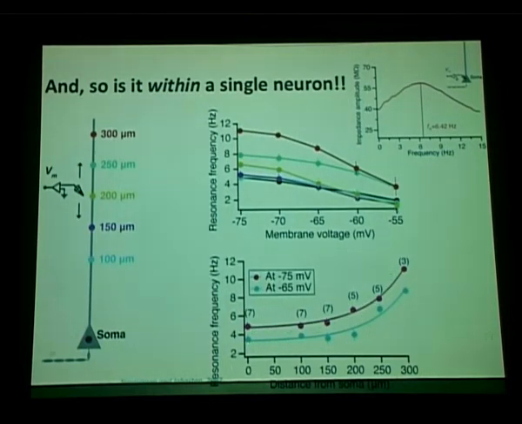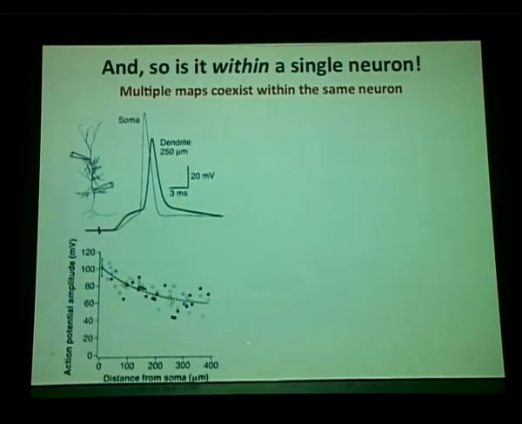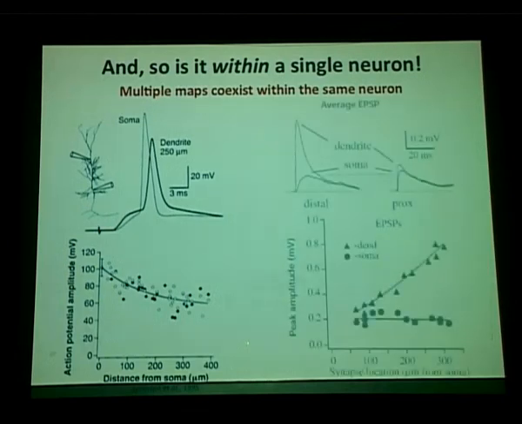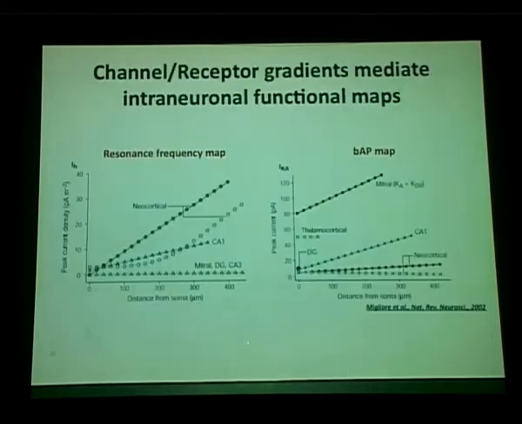So theoretically, you would need something which is not linear, basically. So it increases with distance, all right, but we don't know the exact profile of this function that would characterize the density of H channels on these CA1 pyramidal dendrites. Right? So you have the resonance frequency map mediated by these channels, which are expressed in the dendrites.